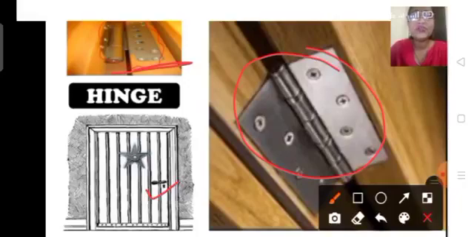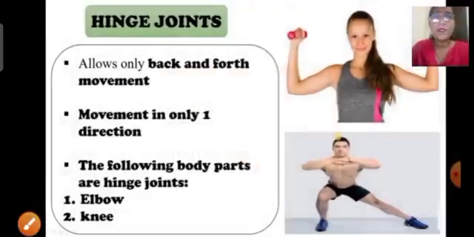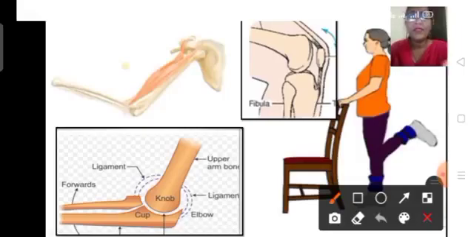This particular joint is present in our elbow. These types of joints, present in our elbow and in knees, are called hinge joints because they allow movement only in one direction, only back and forth movement. Now look at this one here.